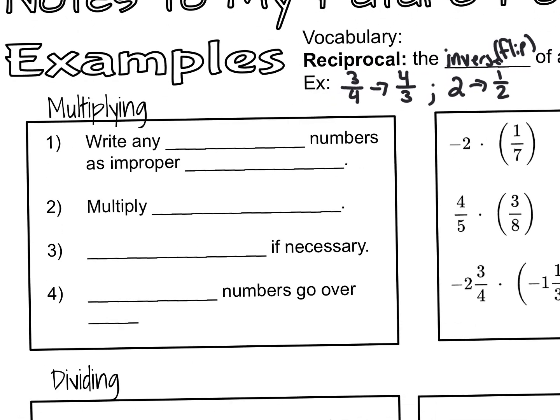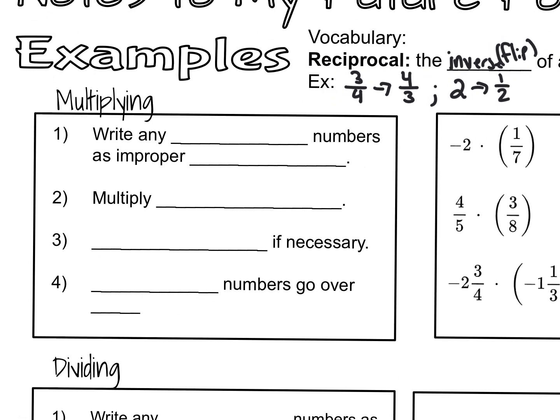All right, so to quickly review multiplying, remember that when we multiply fractions, any mixed number will be written as an improper fraction. So that would be our first step. If there were any mixed numbers, we would change it to an improper fraction.